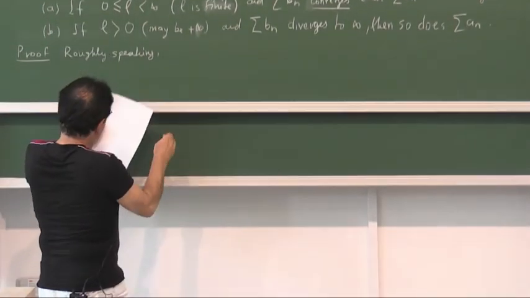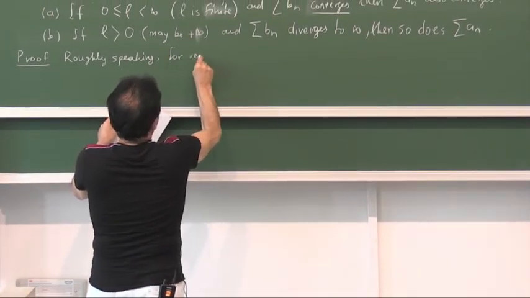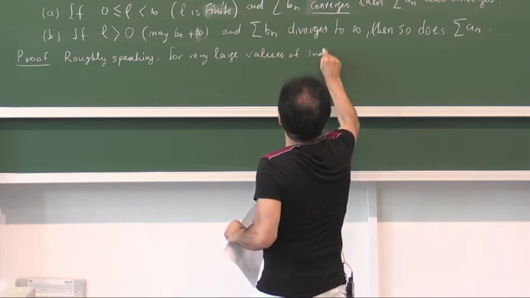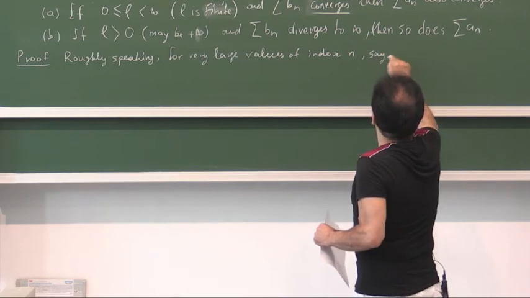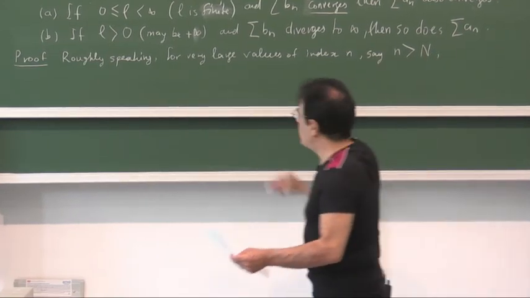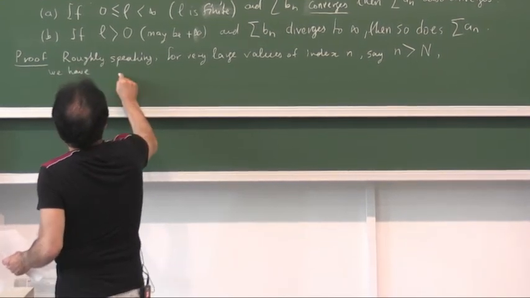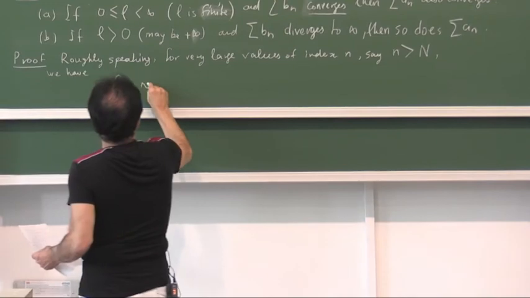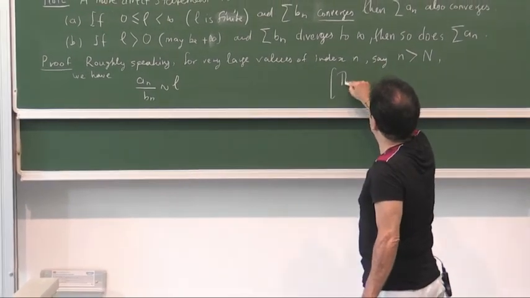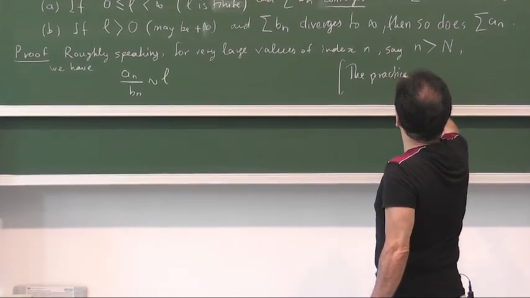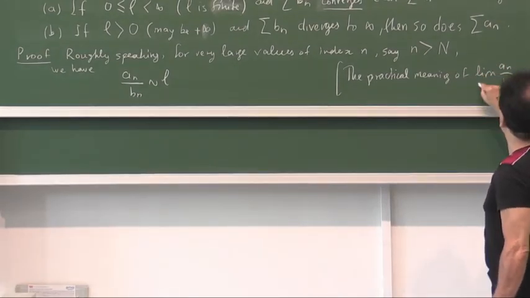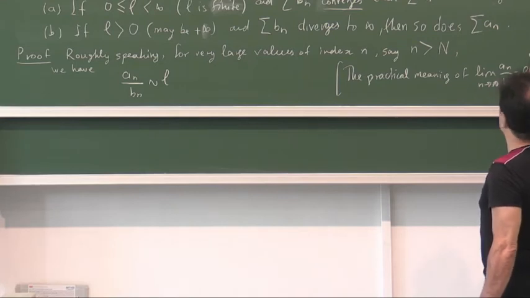So roughly speaking, for sufficiently large values of index n, say when n is larger than big N, we have an over bn is approximately L. That is the practical meaning of the limit of an over bn when n goes to infinity being L.